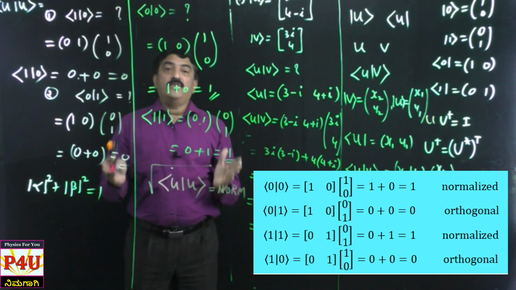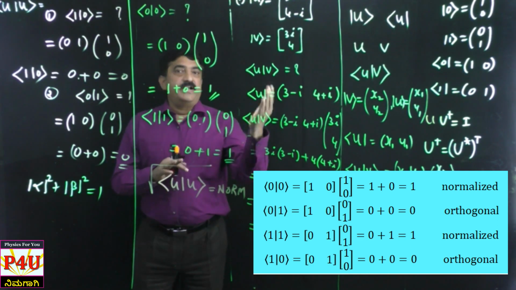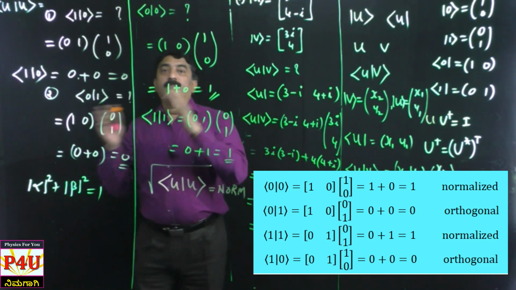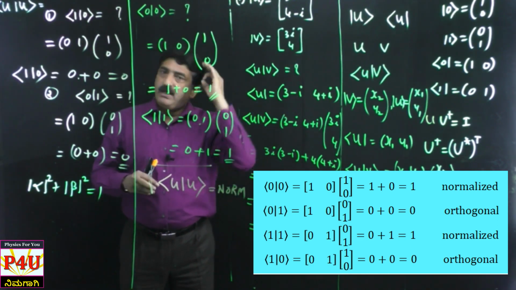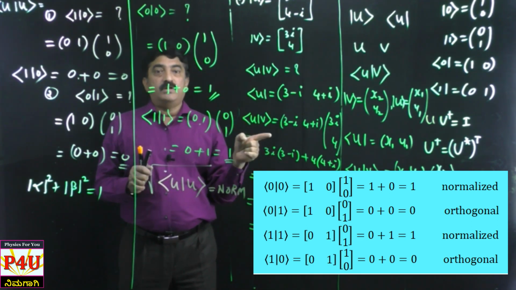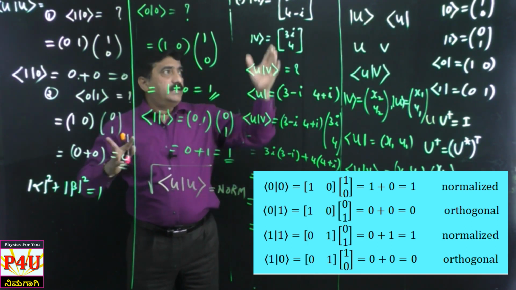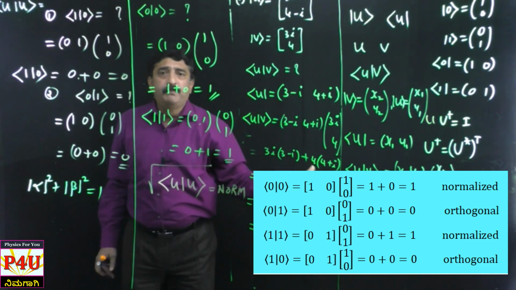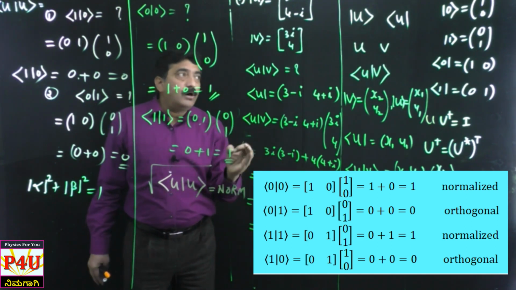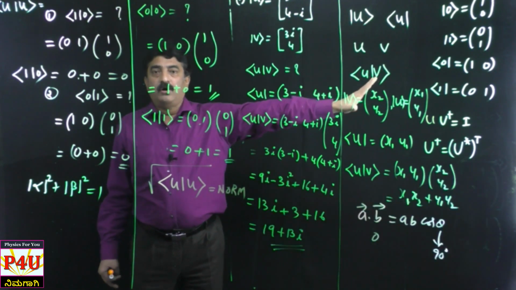Okay dear students, so far I explained what the inner product is, how to find it, and how it is applicable to our 0 and 1. Whatever the mathematics may be, finally we have to come down to the 0 and 1 states. Remember, we are talking about quantum computation, and for us ket 0 and ket 1 are very precious, important terminologies, and we cannot get away from them at all.